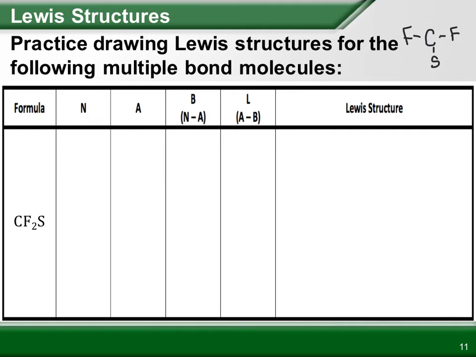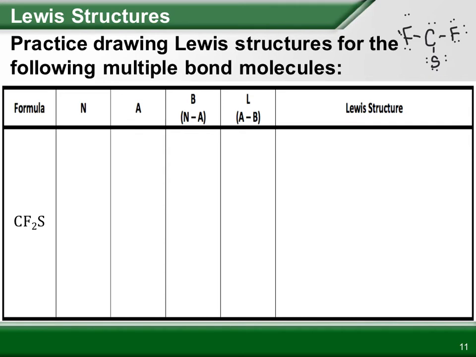You would have drawn it like this as far as your skeleton, and then based on what we've been doing, you would have done this, and then probably finished up like that. So we're just going to keep this in the back of our minds. This is probably what we would have drawn if we did not use the NABL boxes. So let's see how it would actually realistically look.